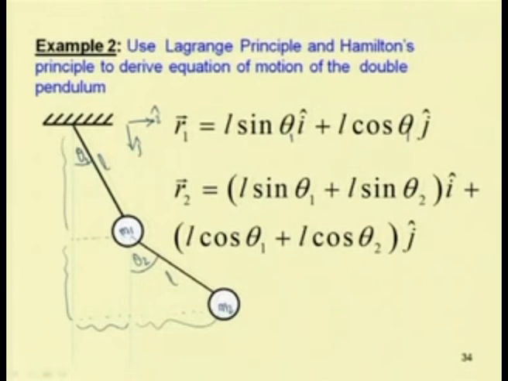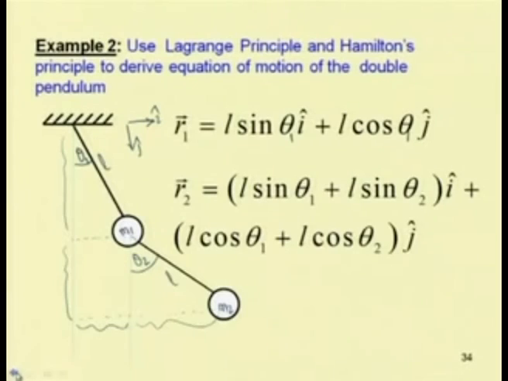So, from these physical coordinates, or from this position vector, one can find the velocity of the system. The velocity v1 can be obtained by differentiating this.